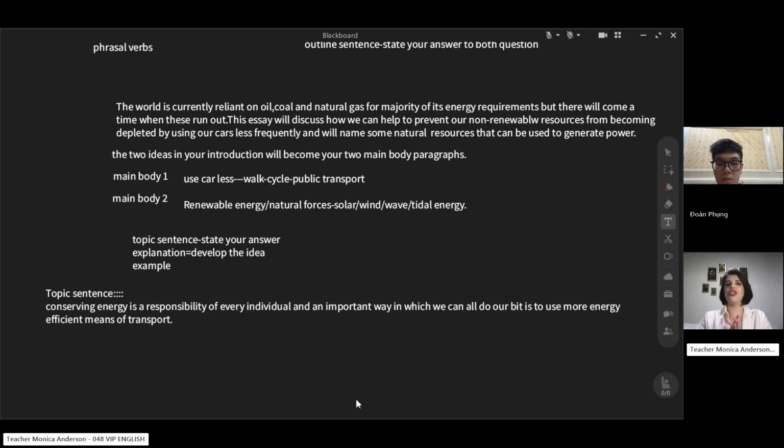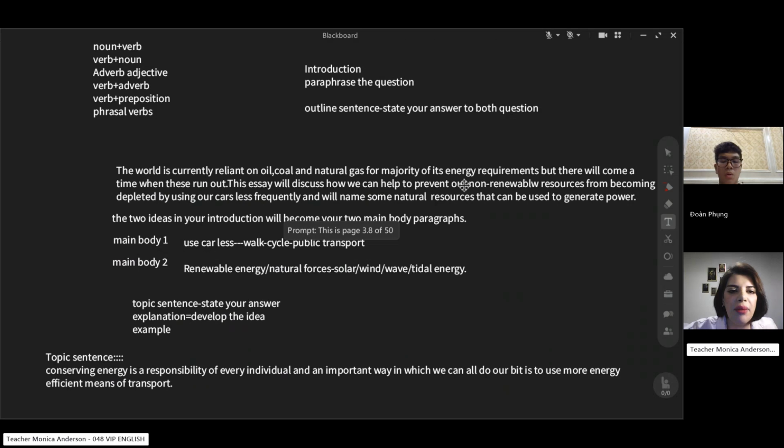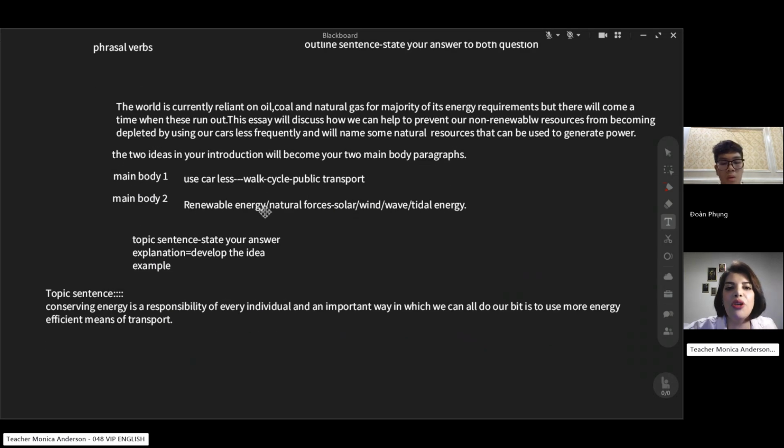Now, main body 2. Again, topic sentence. Let's see what I'm going to discuss. As you can see, renewable energy, natural forces, solar, wind. So I need to discuss... what can I say? You tell me.